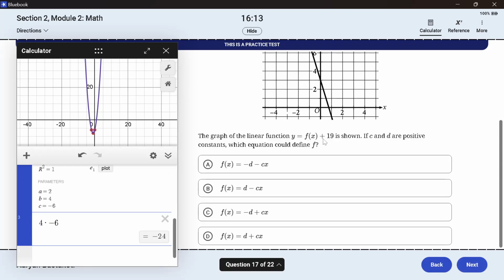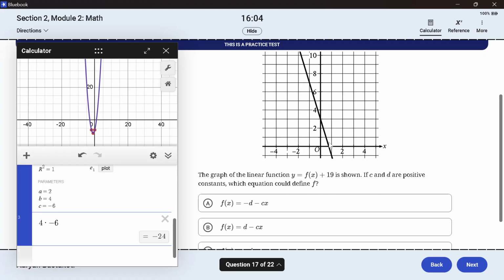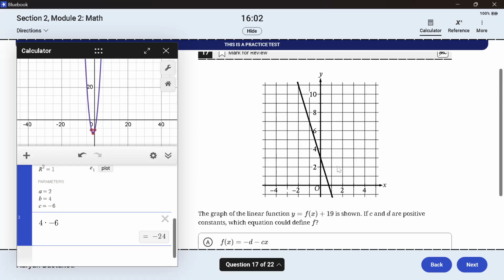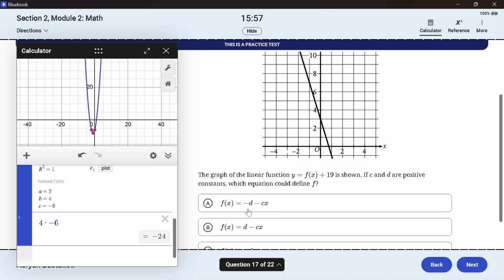The graph of the linear function f(x) plus 19 is shown. If c and d are positive constants, which of the following could define f? Okay, so the graph is f(x) plus 19. And the slope, if a graph was translated upwards, would the slope change?